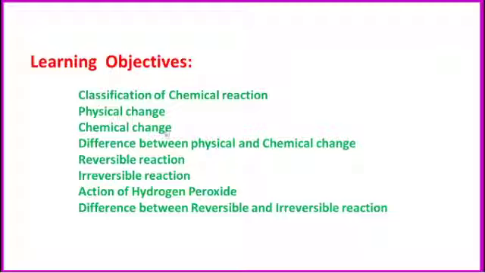The learning objectives: classification of chemical reactions, physical change, chemical change, the difference between physical and chemical change, reversible reactions, irreversible reactions, decomposition of hydrogen peroxide, and the difference between a reversible and an irreversible reaction.